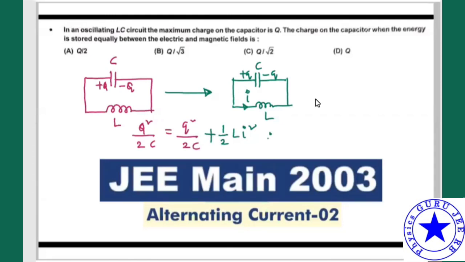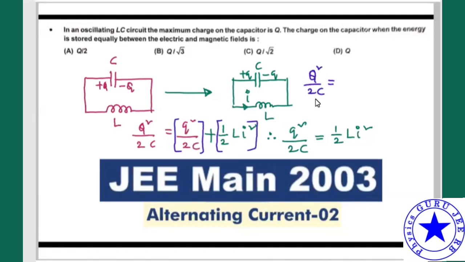So the case is an equal amount of energy stored. That is, q square divided by 2C should be equal to half L i square, which is the energy stored in the inductor. Then Q square divided by 2C is equal to 2 times q square divided by 2C, so Q square divided by 2C plus Q square divided by 2C.